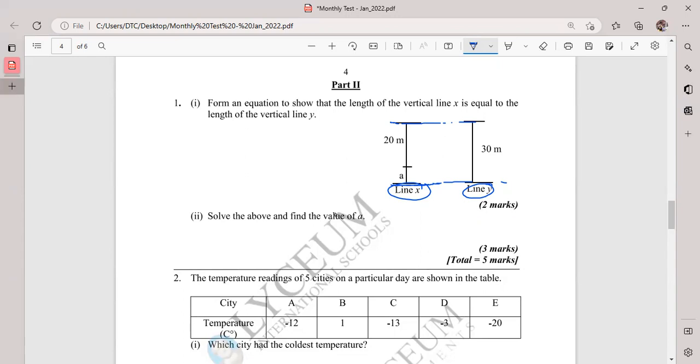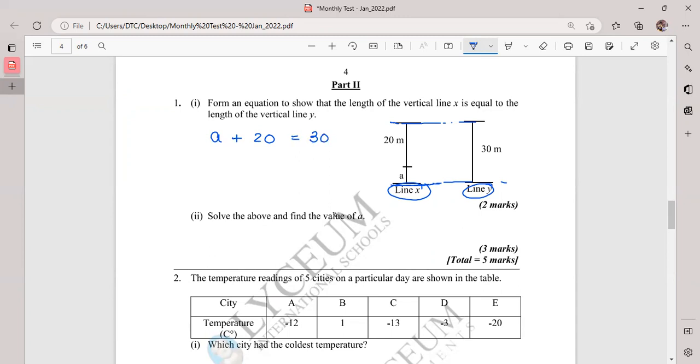Now, what they have asked us to do, children, is to form an equation to show that the length of the vertical line X is equal to the length of the vertical line Y. How do you do it? When you add A and 20 together, it will be equal to 30, right? Because at line Y, the total length is 30.